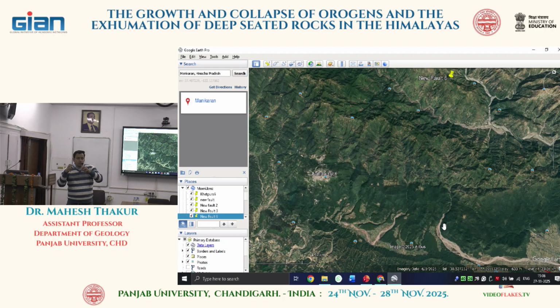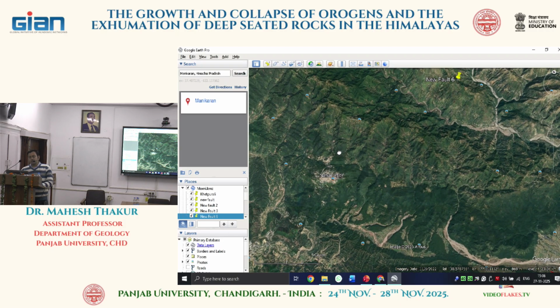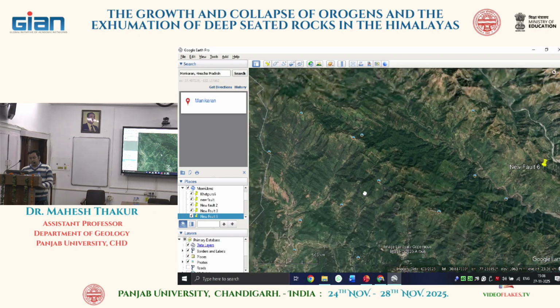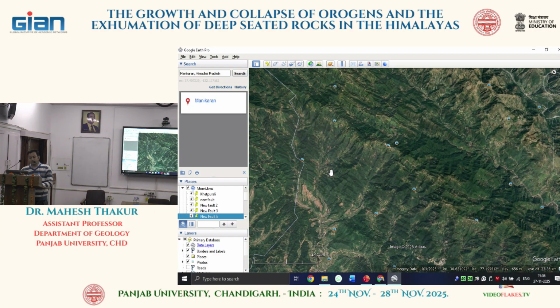And then we try to understand through geomorphic markers where the fault is, what the anomaly is, things like that. So in Himalaya, yes, there is a lot of work which can be done. There are a lot of anomalies present. And you guys are lucky because you are just in the foothills of Himalayas. You don't have to travel much.